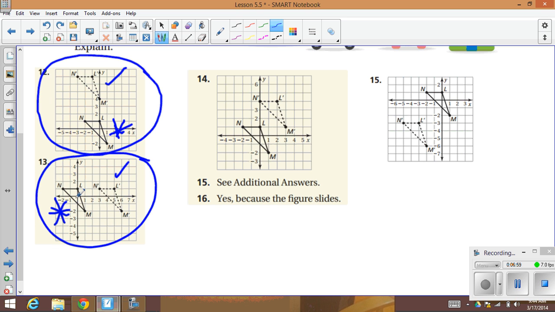So the points, M is at 6, negative 2, N is at 3, 1, N prime, and L prime is at 5, 1. Okay, so that's your solution for 13.